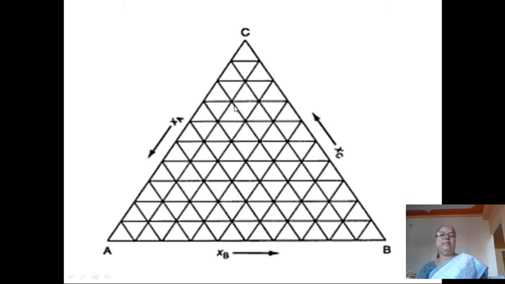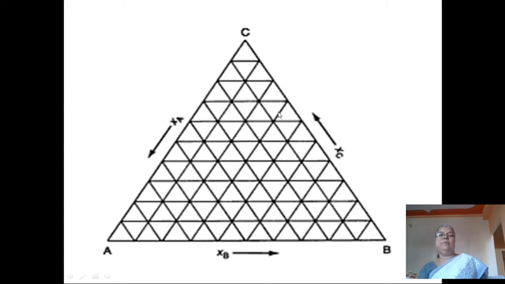The lines parallel to AC indicate the composition of A component. The lines parallel to BC indicate the composition of C component, and the lines parallel to AB indicate the composition of B component.